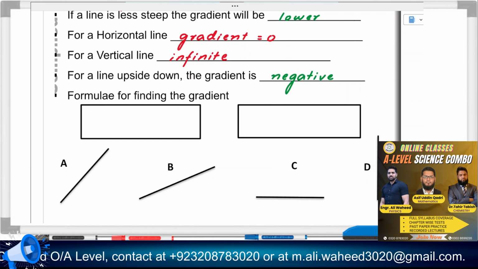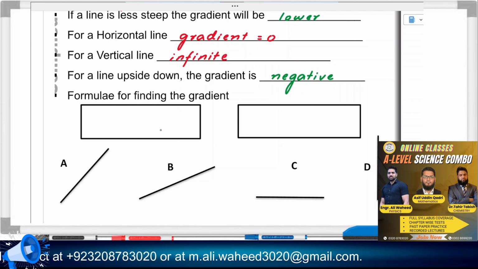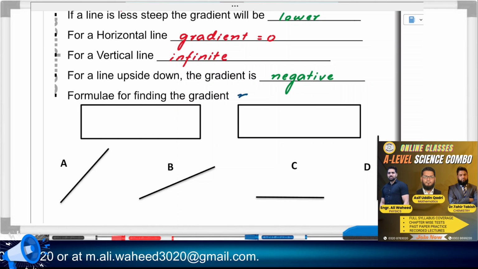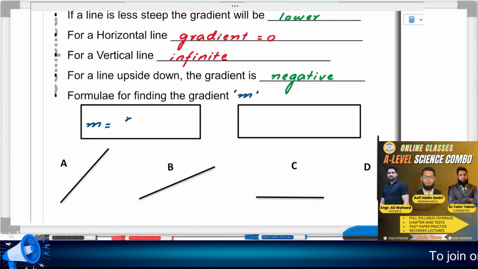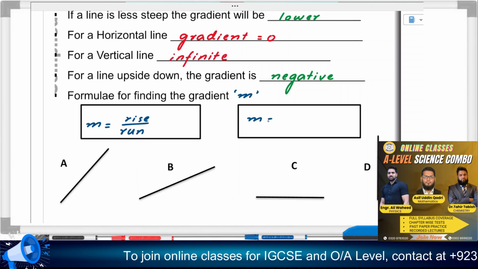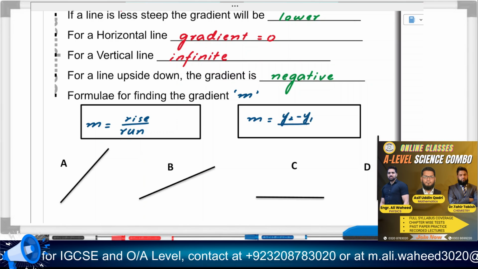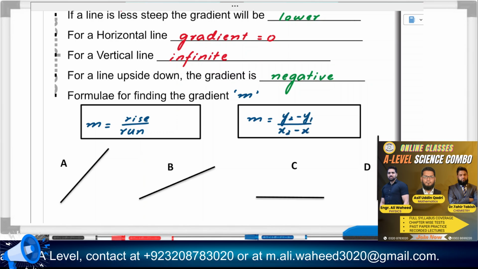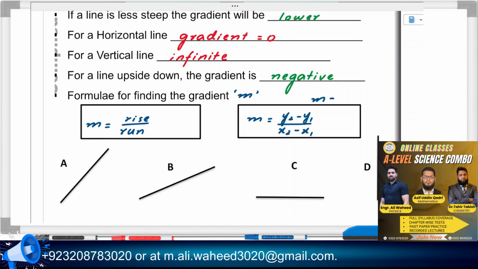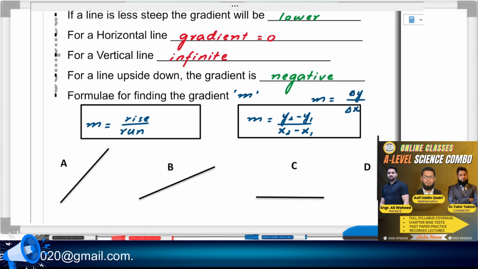Up next, we have the formula which can be used to find the gradient. So gradient would be represented by m, and m equals, one of the formulas is rise over run. The other formula is m equals y2 minus y1 over x2 minus x1, which can also be written as change in y divided by change in x.